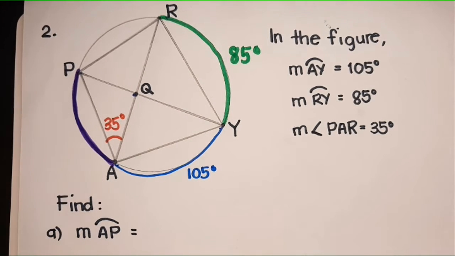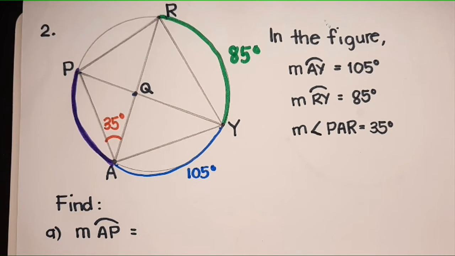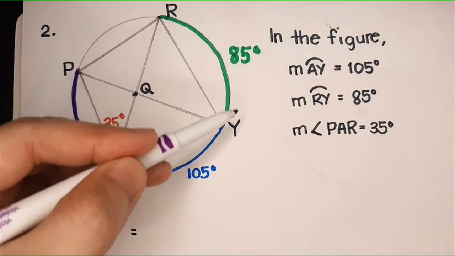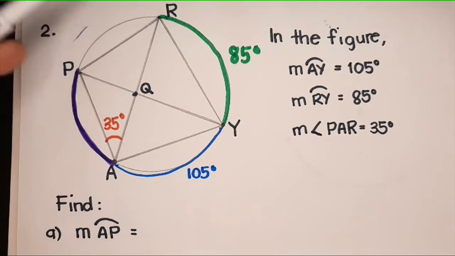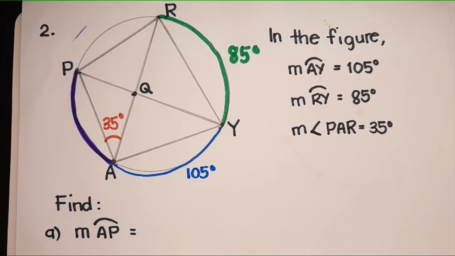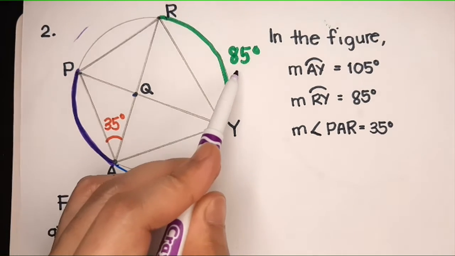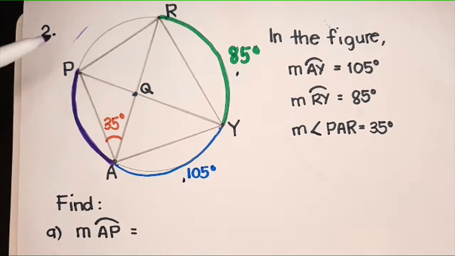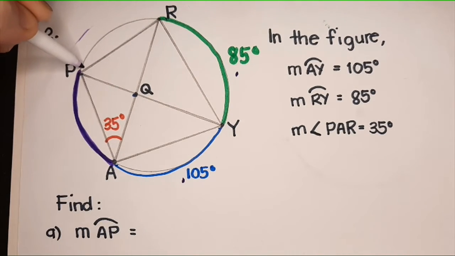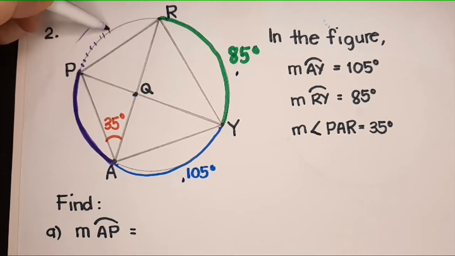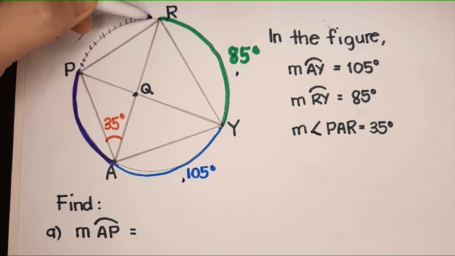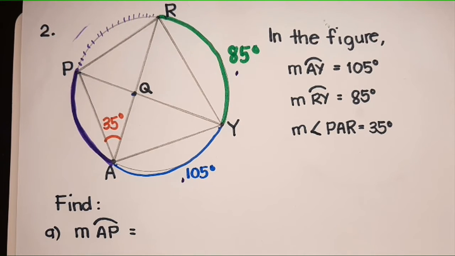Right? Okay. So, again, one complete circle measures 360 degrees. Right? Alam natin to, 105. Tapos, this one is 85. Ito, this arc PR is equal to what?